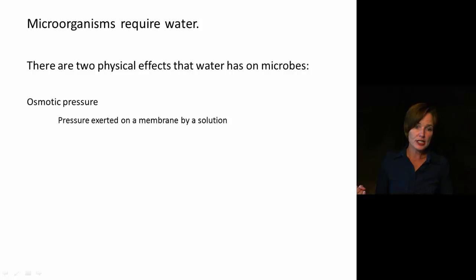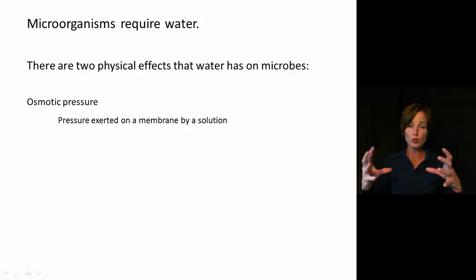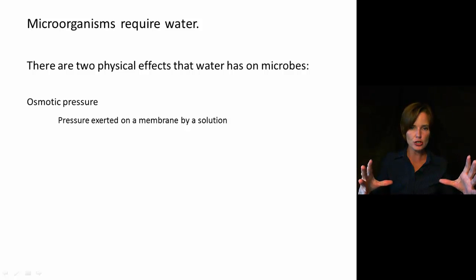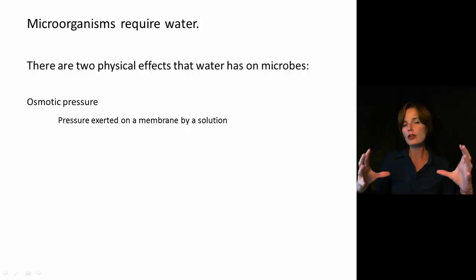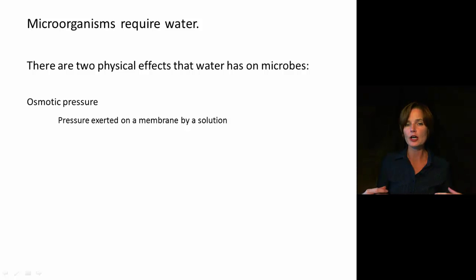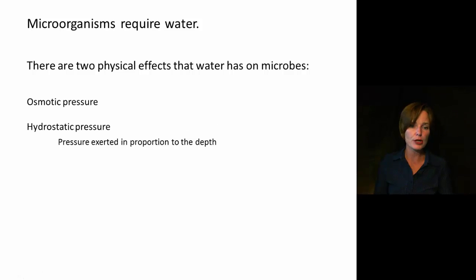Microbes are also going to need water, and their water requirements are based on two physical effects. First off, water is going to exert osmotic pressure. This is the pressure that's exerted on the membrane by the particular solution. So some solutions will cause a swelling, that's osmotic pressure, and how the microbe deals with that swelling will help to determine what its water requirements are. And then we also have hydrostatic pressure, which is the pressure exerted in proportion to the depth of the water.